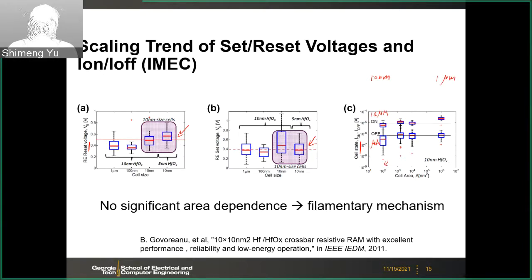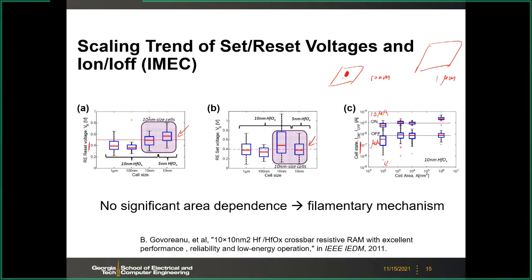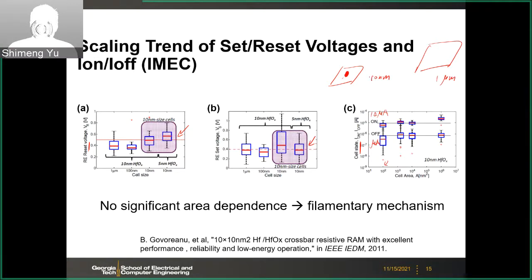So no matter what size the device is, so let's say you have a small device, you have a large device, the on and off current is similar. That means the actual conductive region is very small. It's below even 10 nanometer by 10 nanometer dimension, maybe only a few nanometer by a few nanometer. So that means those are the filaments.